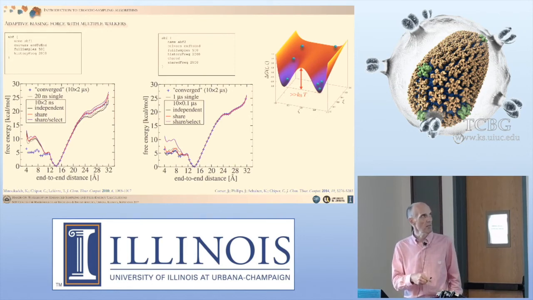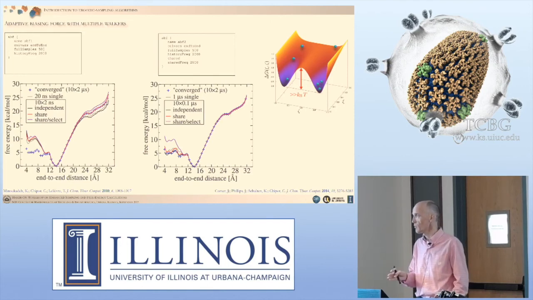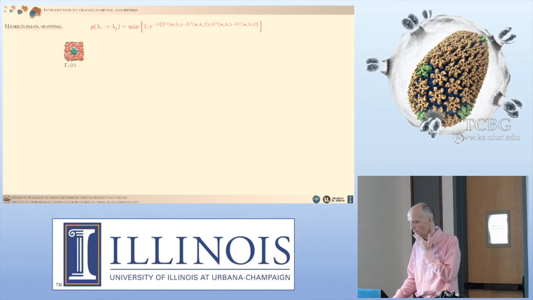The Walkers that are stuck and don't do much over a certain period of time are removed, and you clone the good Walkers. But somehow we haven't been very lucky with that. It should have worked better. I'm sure that Wei will go into the details of that, but just to finish.